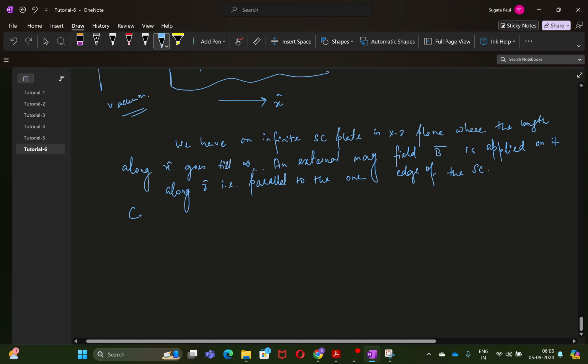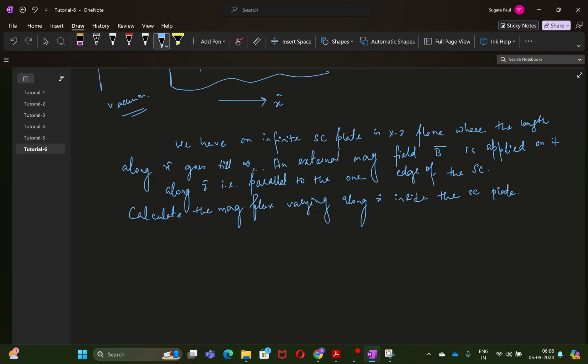Now we have to calculate the magnetic flux varying along the x direction inside the superconducting plate. So this is what you have to calculate.